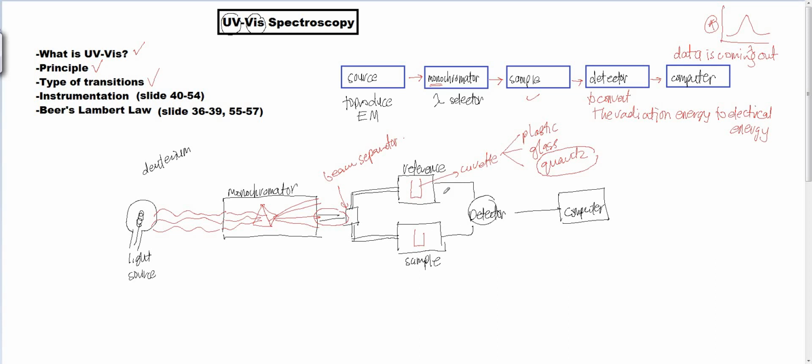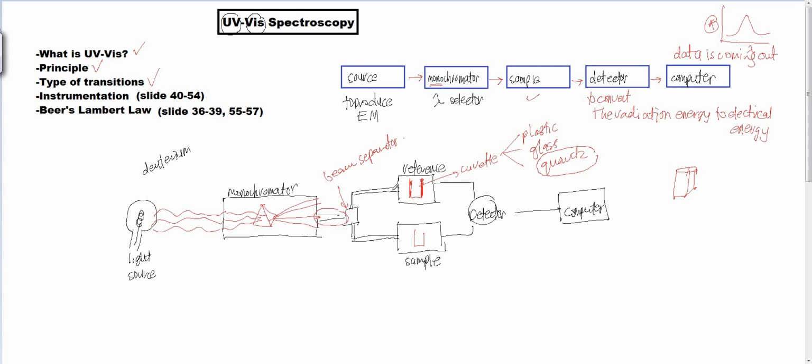Okay, so usually how to put the cuvette? Usually the cuvette ni dia akan ada different sides. Satu side yang very transparent, and then dua side lagi yang gelap. Nanti boleh tengok dekat YouTube. So macam mana you nak put the cuvette is you have to make sure that the transparent side is like this.